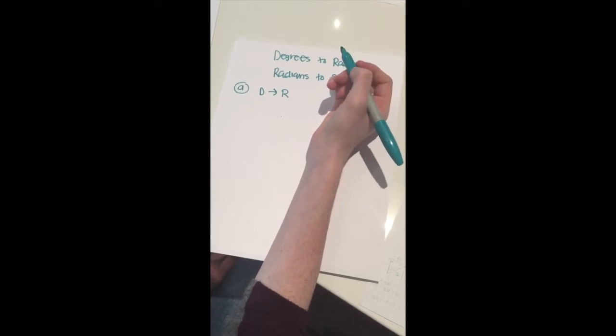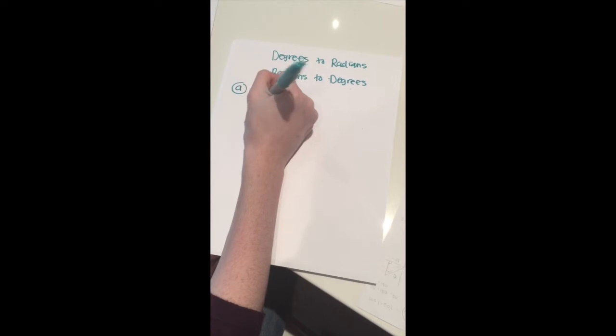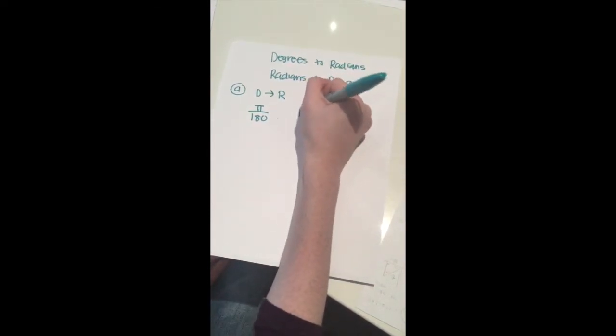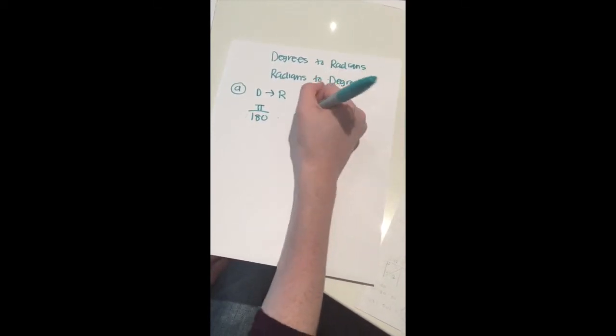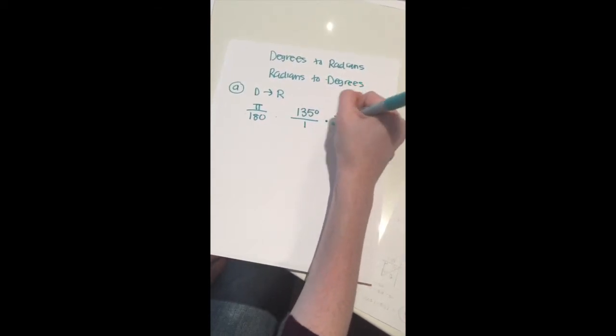This equation is that you multiply the degrees by pi over 180. For example, if you want to convert 135 degrees to radians, what you do is you put that over 1 and you multiply that by the equation I just said, which is pi over 180.